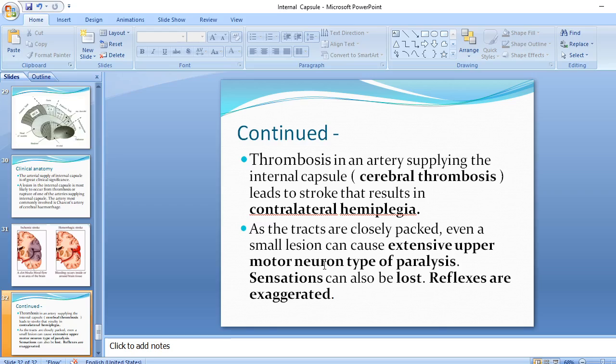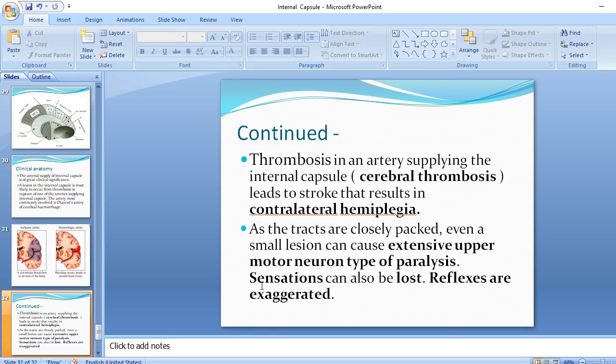So if the upper motor neuron becomes damaged, then the paralysis is of upper motor neuron type. If there is a damage in the spinal cord, then the paralysis is of lower motor neuron type.